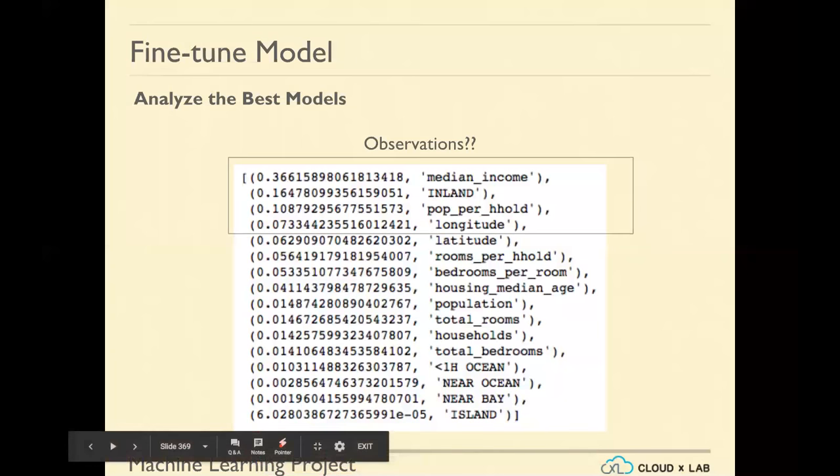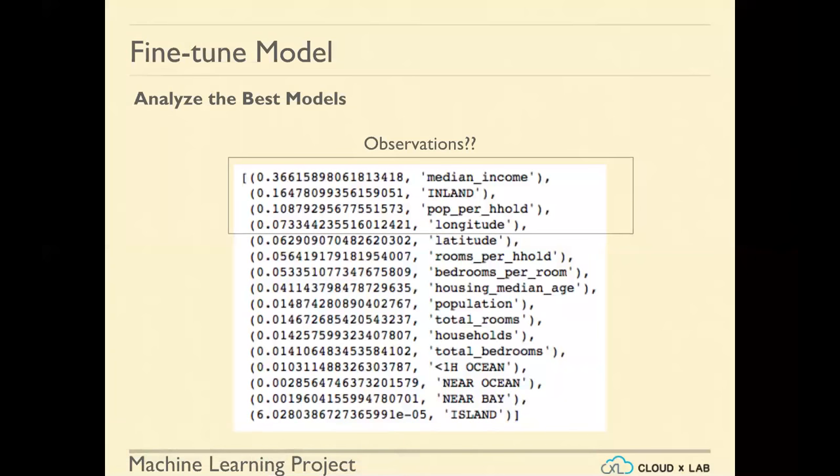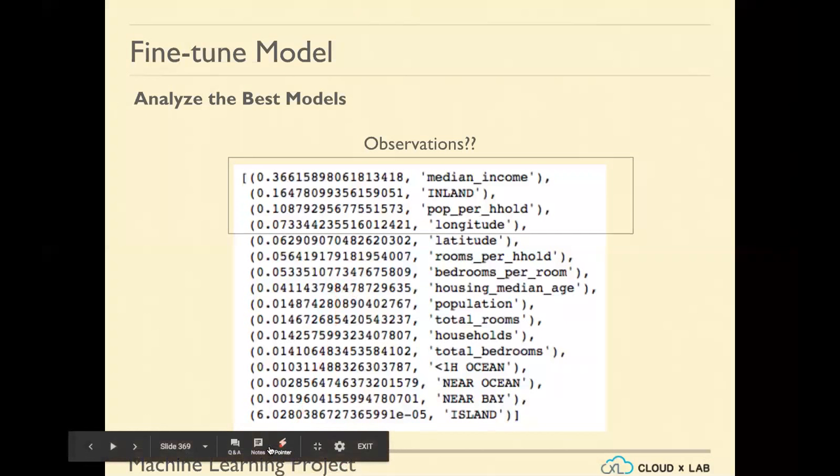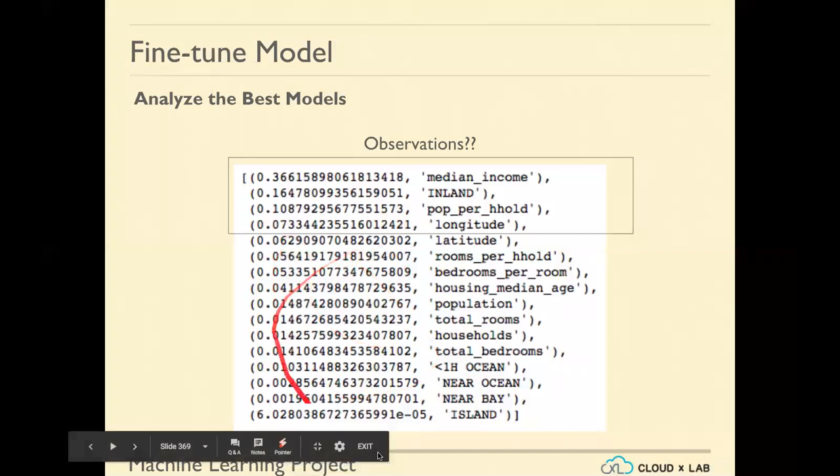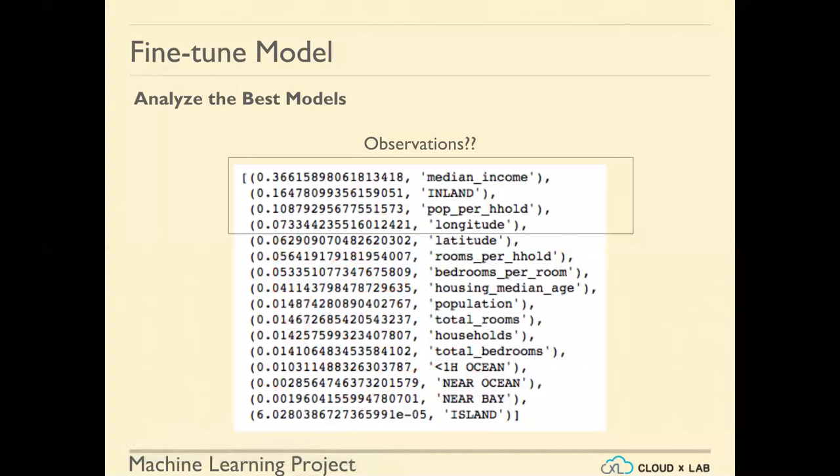Say, for example, latitude and longitude, they are 0.07, okay? They're still significant. So the accuracy of our predictions will drop if we remove these features. Okay, the accuracy would go down slightly.